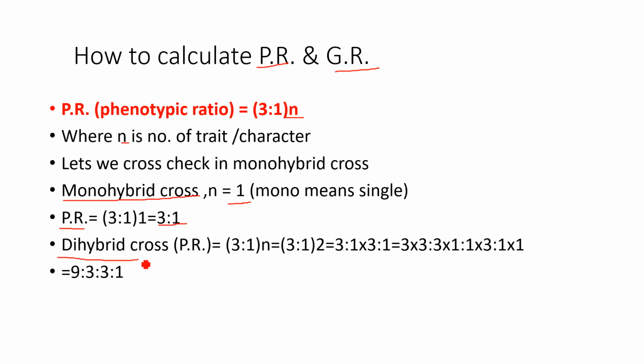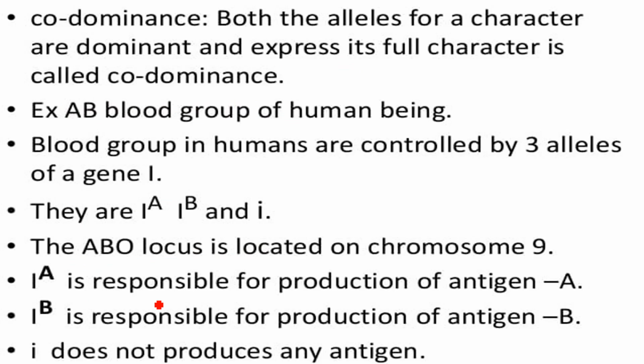For a dihybrid cross, there are two contrasting characters, so 3 is to 1 to the power 2, which is 9 is to 3 is to 3 is to 1. This way we can calculate the PR and GR.